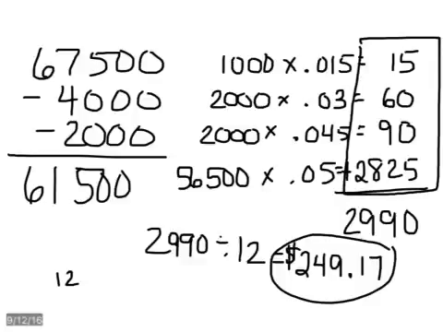Because behind the 6 is another 6, and 6 is higher than 5, so it bumps up. So she's getting almost $250 taken out every paycheck for her state. It's a lot of money, right? But she's only getting one paycheck a month, rather than like 2 or more. So that's why it might seem a little bit higher.